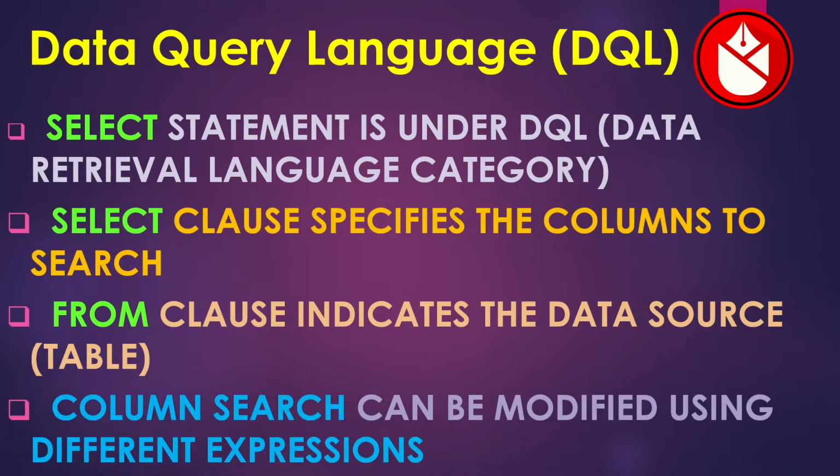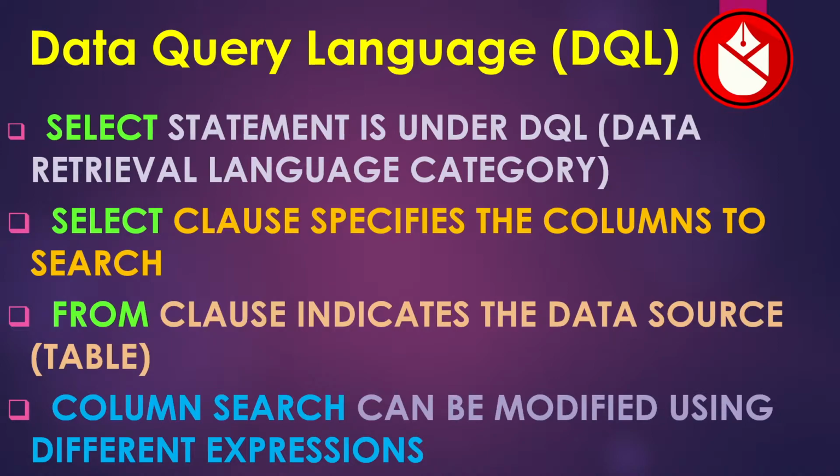Column search can be modified using different expressions. Using select, we can refine our searches, such as in the employee table, we have 2 columns, first name and last name. Instead of viewing them separately in the output, we can concatenate them to get the output as the full name.